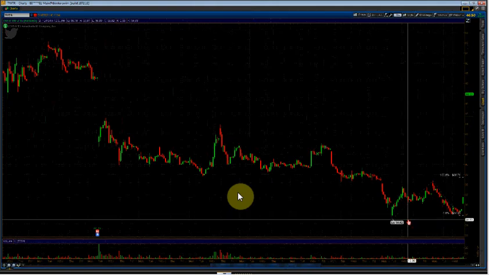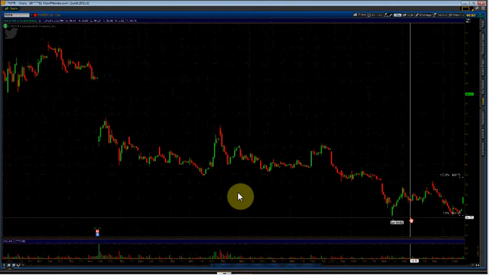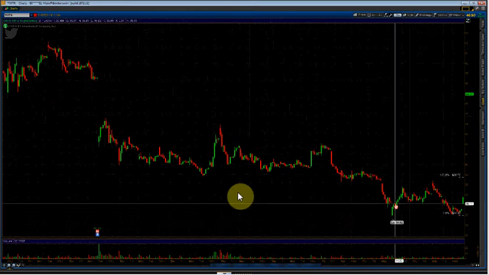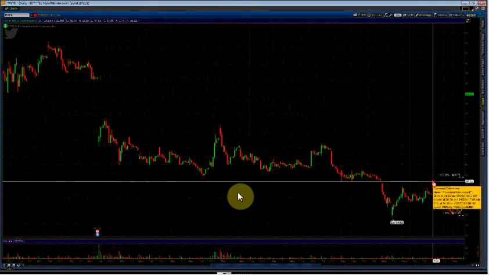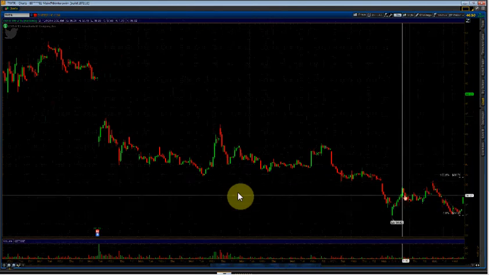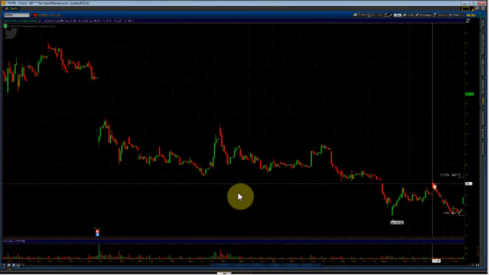How do we pick what expiration? Quite simply, if we're measuring the move that it made price-wise, we might want to measure also the time it took to do it. 1 day, 2 days, 3 days, 4 days, 5 days.